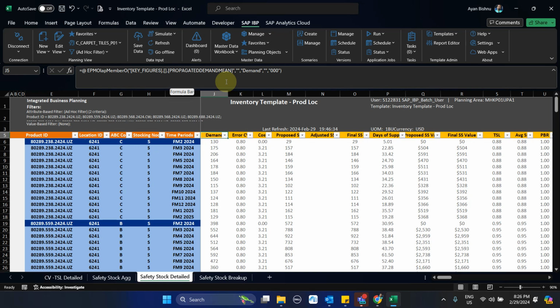Now that DC, if there is a shortage, if there is a replenishment need, the demand of that DC flows into the next upstream location or DC, which is a propagation of demand or dependent demand. So propagated demand mean is a dependent demand that flows based on the network and the transportation relationship that you have.